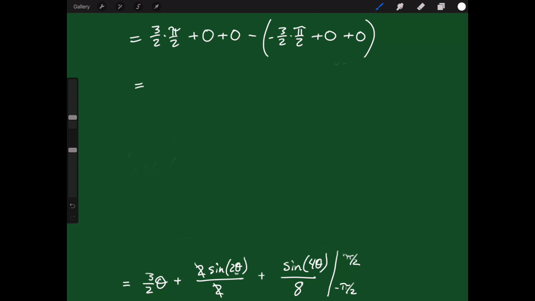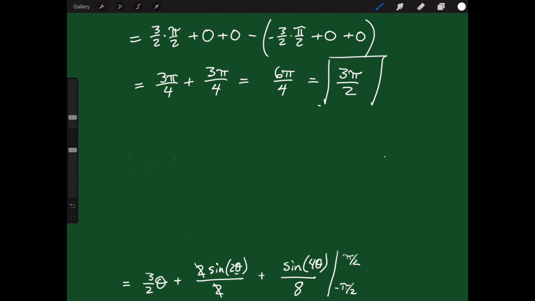So I end up with 3 pi over 4 plus 3 pi over 4, which is, I suppose, 6 pi over 4 or 3 pi over 2. And that's my answer. Okay, so that's how we do double integration over a polar region instead of a general rectangular region. Now for some homework.